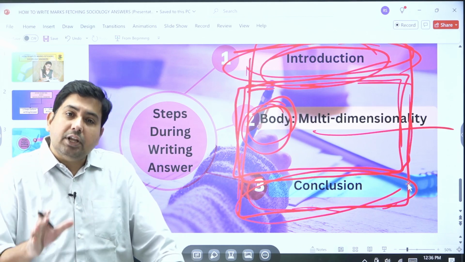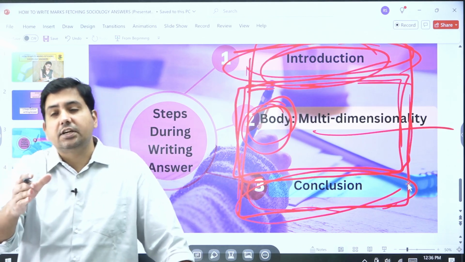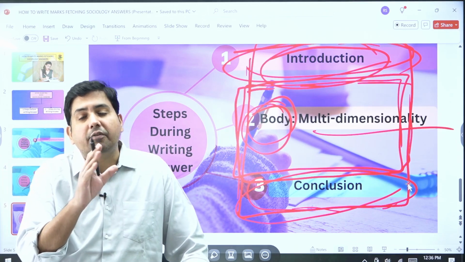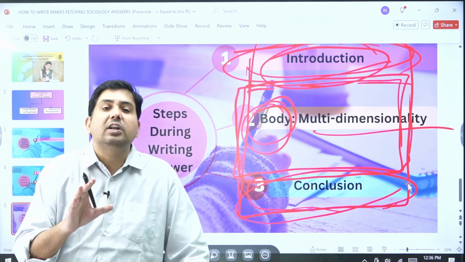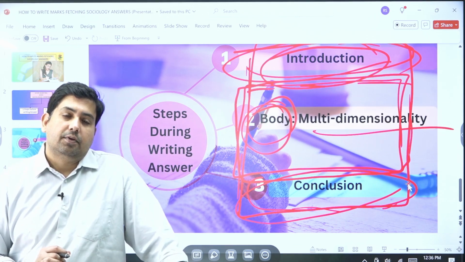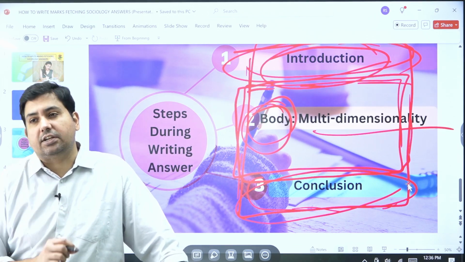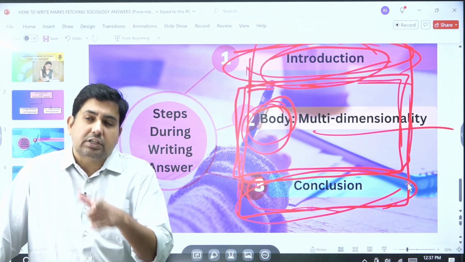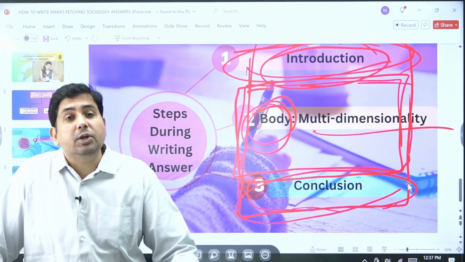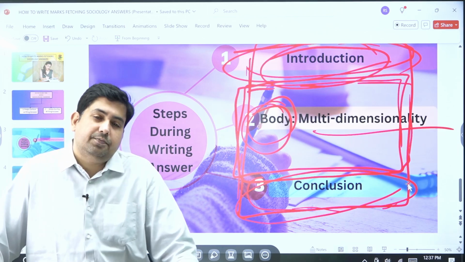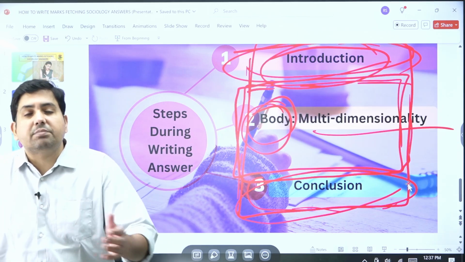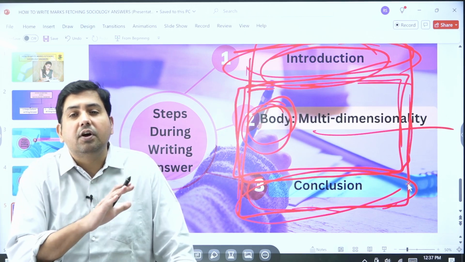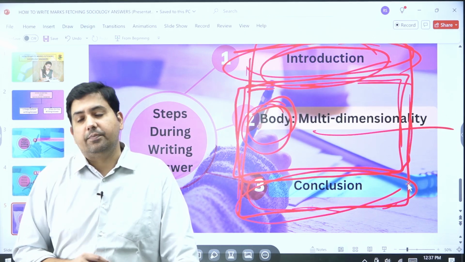Now see, if you are putting some argument in favor or against something, there will be two parts of your content. One would be argument, and second would be substantiation. If you are arguing without substantiation, without giving proof, then it will have no authenticity, no credibility, no validity.